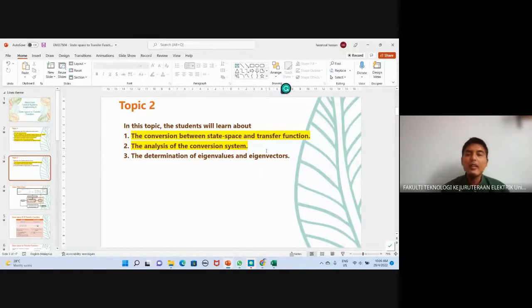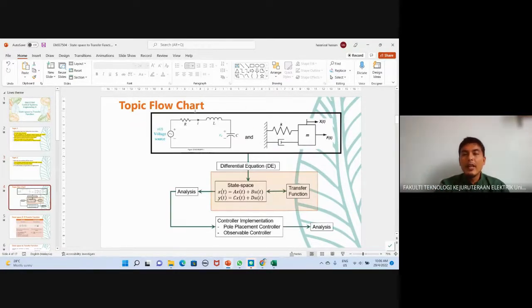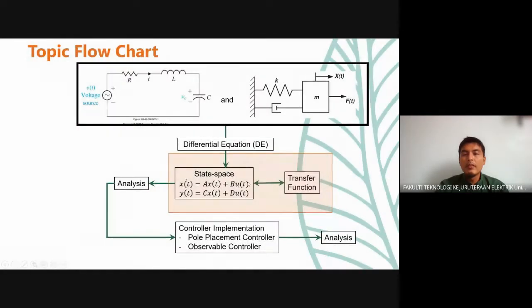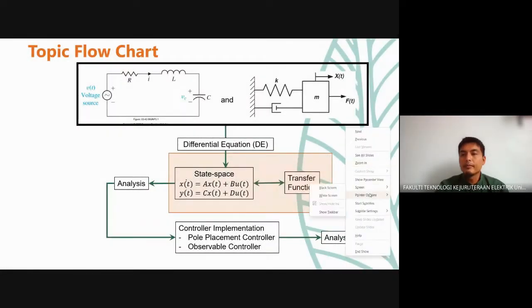So for today, we will check the stability of the system. Now we have the state space, and then you convert to the transfer function, and then you see, is the system stable or unstable? All right. So this part is already done. Now we focus on this area, to convert the state space to transfer function.